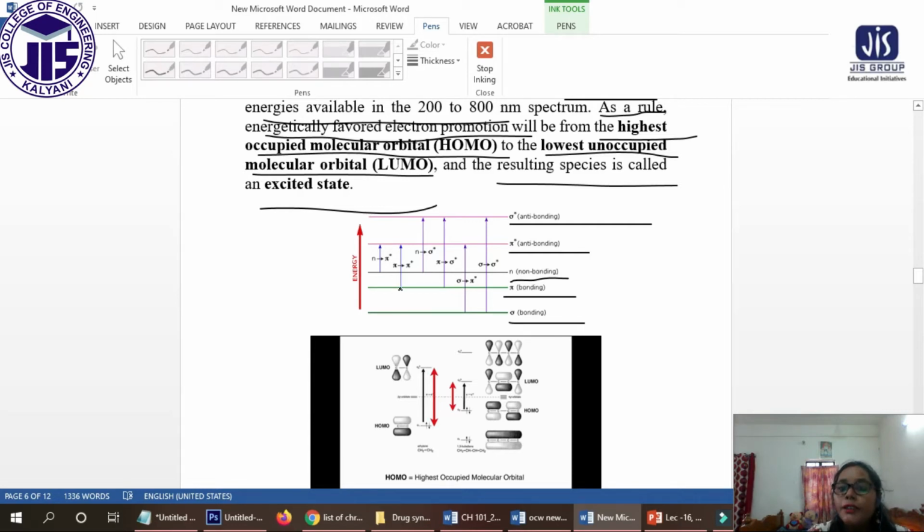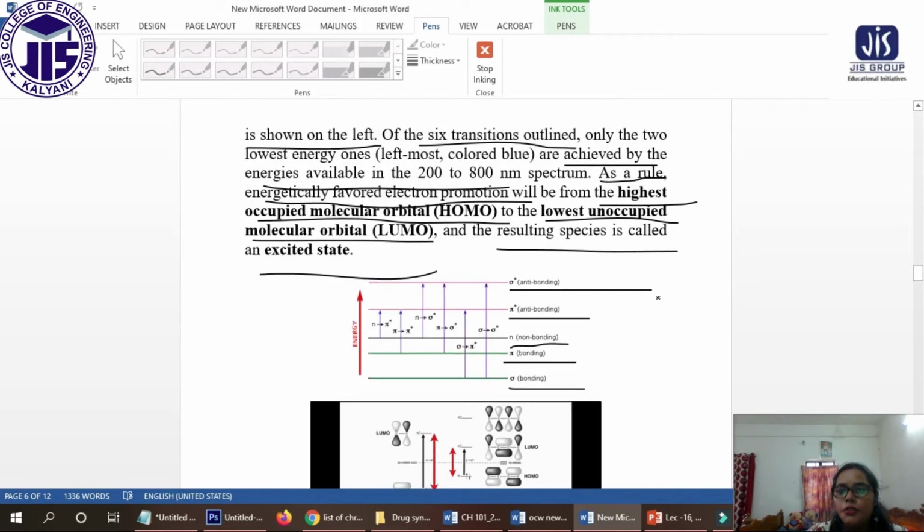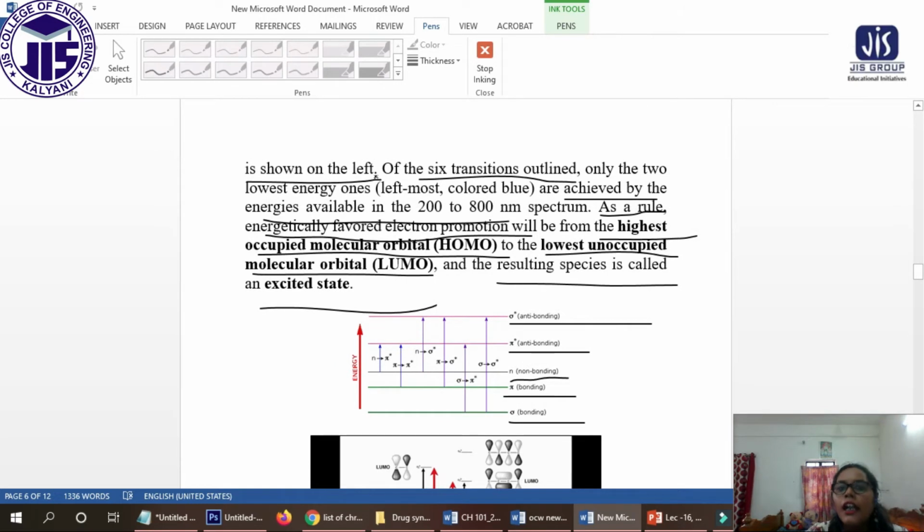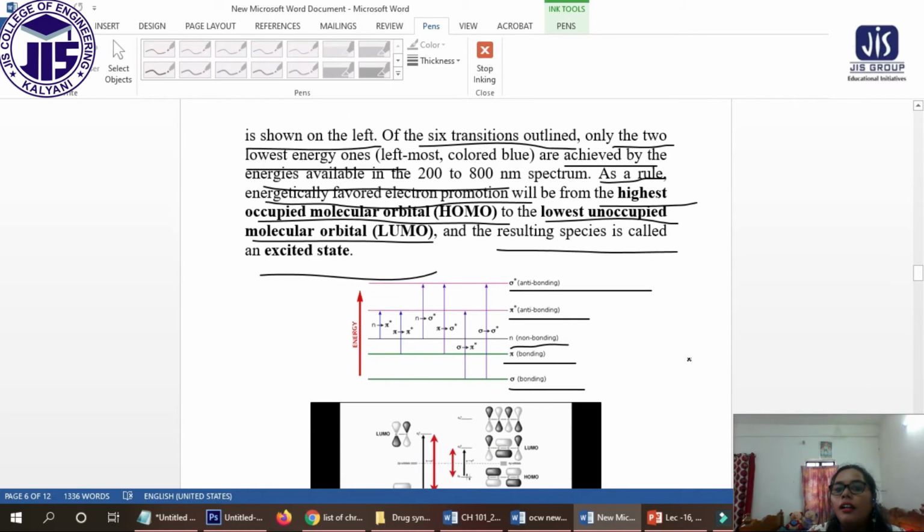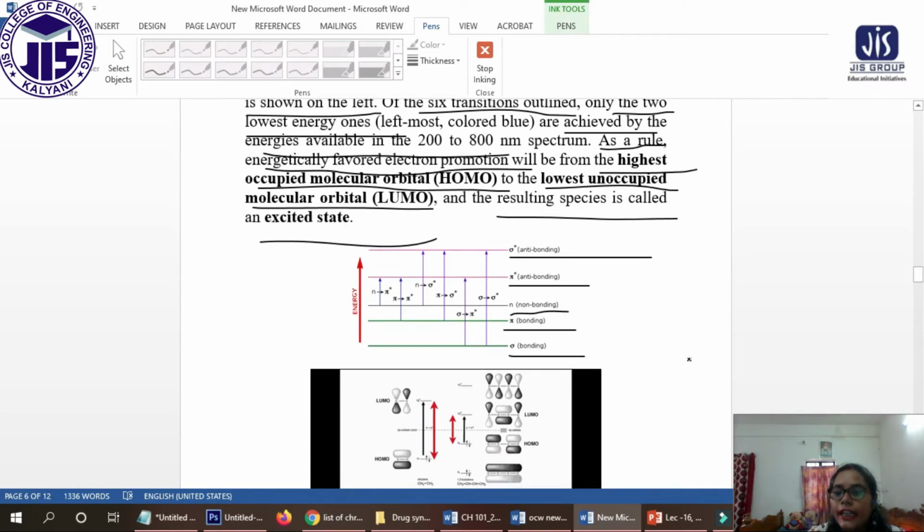Next we can have the pi to pi star, right? These are the allowed. Of the 6 transitions outlined, only the two lowest energy ones are achieved by the energies available in the 200 to 800 nanometer spectrum. So these two only we can get from the 200 to 800 nanometer.